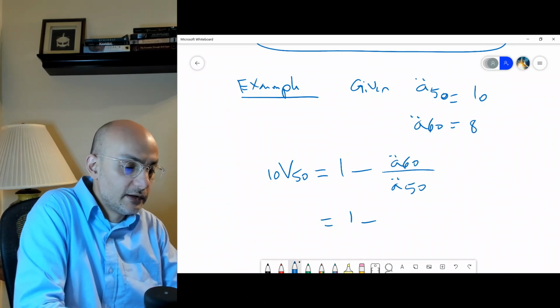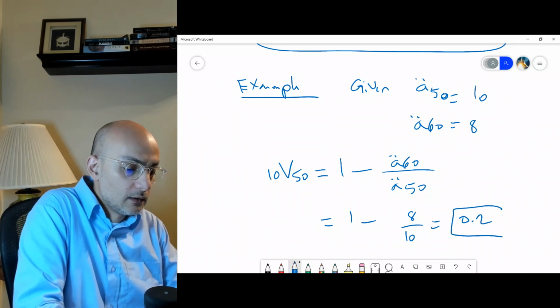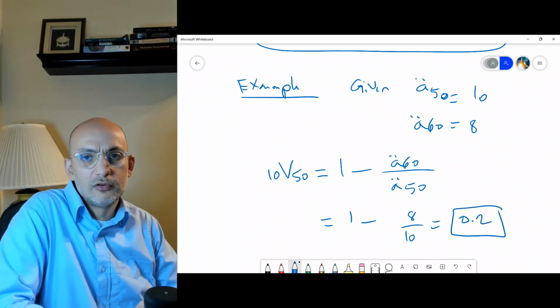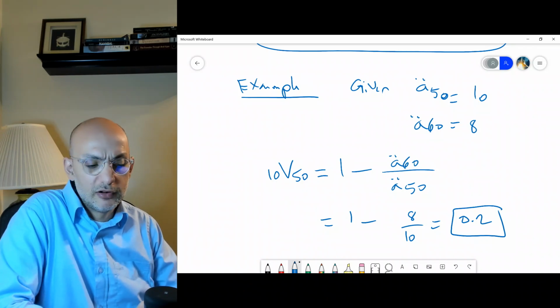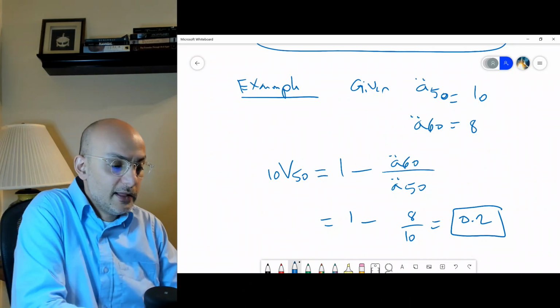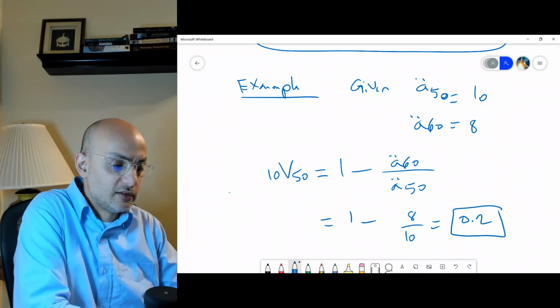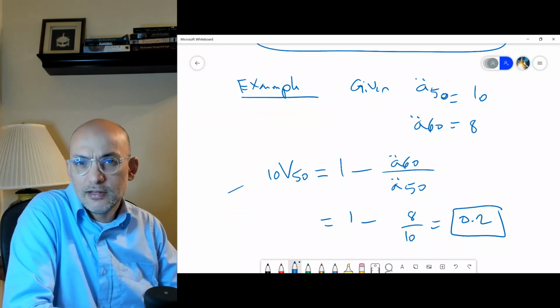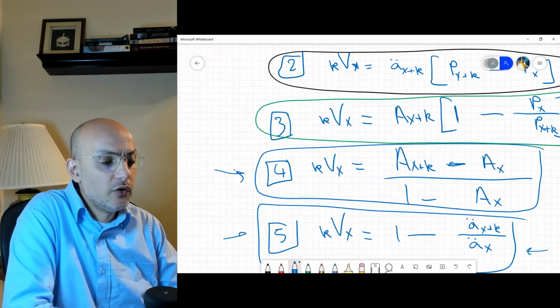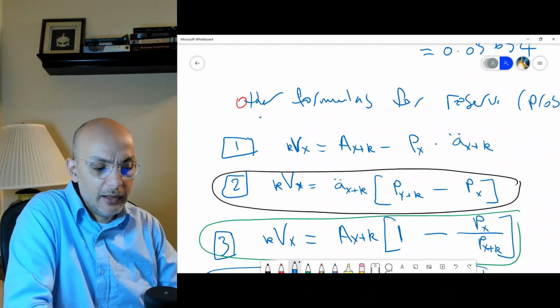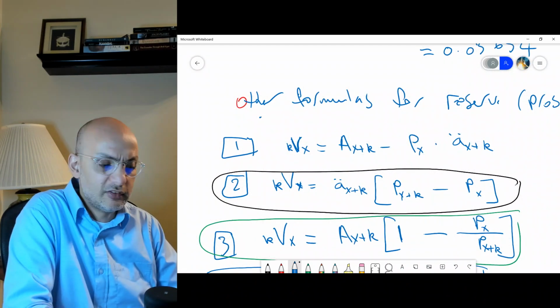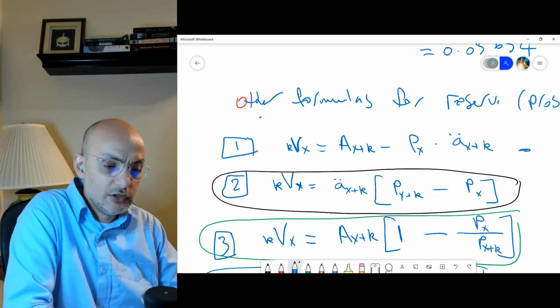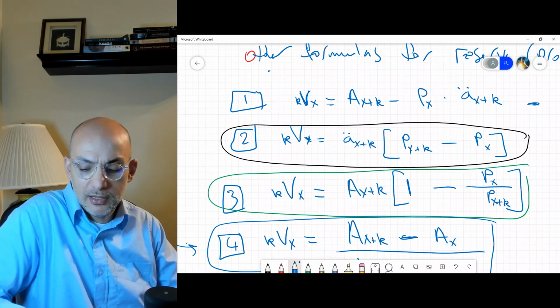So 1 minus 8 over 10. So the reserve is 20 cents for the $1 of insurance. If you know this formula, it took me like 30 seconds to calculate. If you use only one formula, you will arrive eventually at the same answer, but it will take you a lot of time.